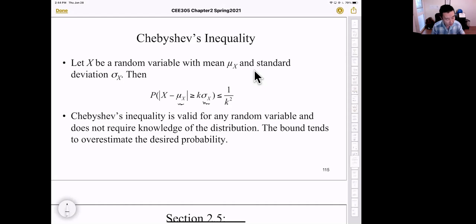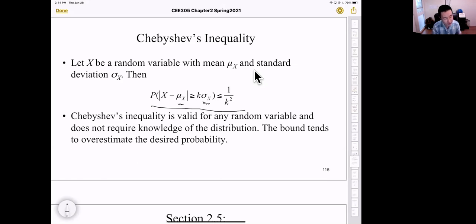This inequality is valid for any random variable. Even if we do not know the distribution, this equation still holds true, and k is any constant.